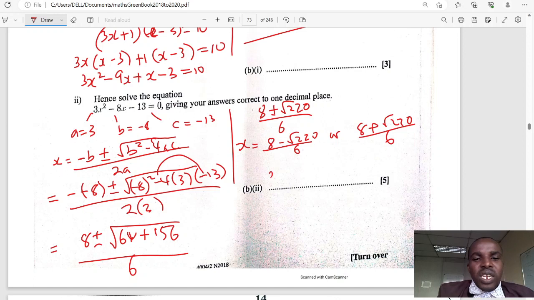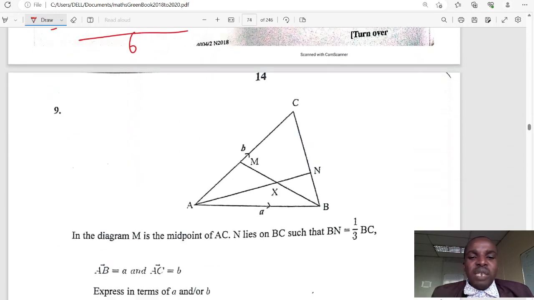You get the first one is 3.81, or x is equals to minus 1.14. So these are the solutions to this item, right? Please take note of that part.